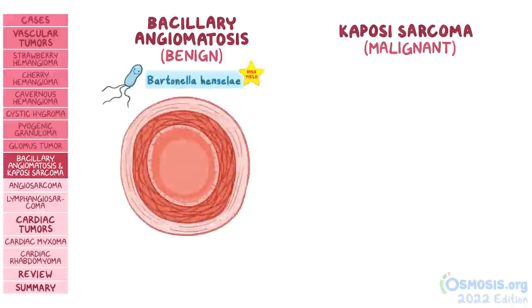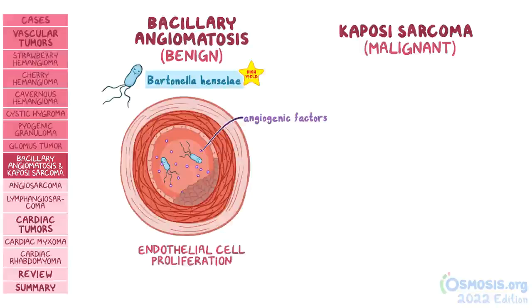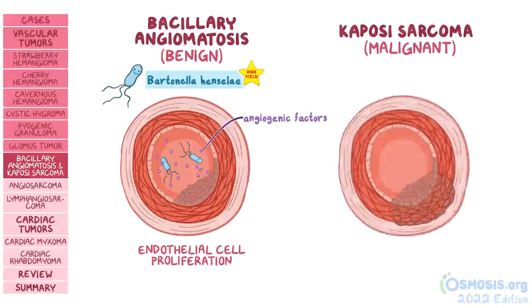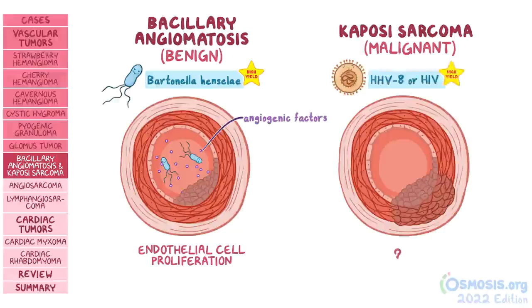It's thought that the bacteria enters the intravascular compartment and releases angiogenic factors that stimulate benign endothelial cell proliferation. Kaposi sarcoma, on the other hand, is a malignancy of the endothelial and smooth muscle cells caused by human herpesvirus 8, or HHV8, or by HIV. It's still unknown exactly how these viruses cause malignancy.